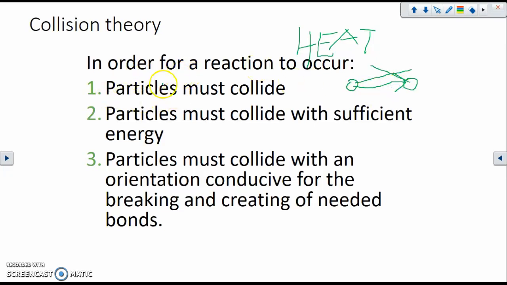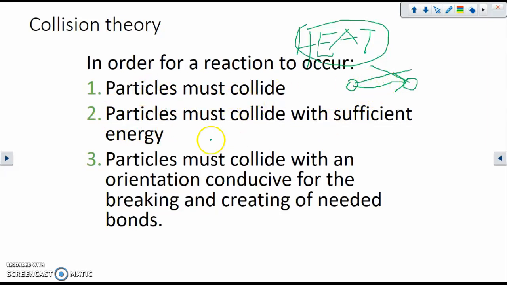So that's number one. The other thing is that the more you increase the temperature, the kinetic energy of these molecules also increases, which contributes to number two. So it doesn't just make the particles collide, it also makes them collide with sufficient energy.